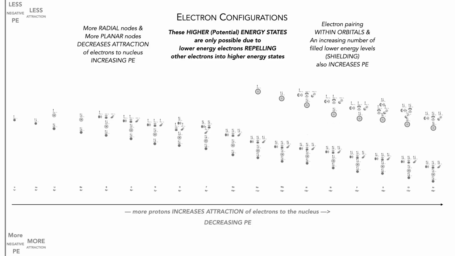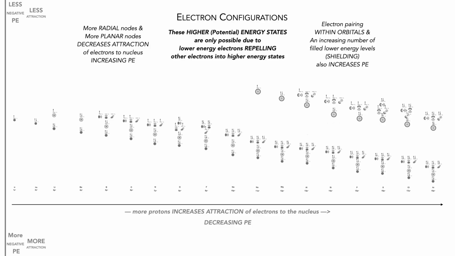And as we have more electrons, the lower energy electrons literally repel the other electrons into higher energy states. So as we fill the lower energy states, more electrons that come in and are attracted to that nucleus have no other place to go but to be repelled into that higher energy state.